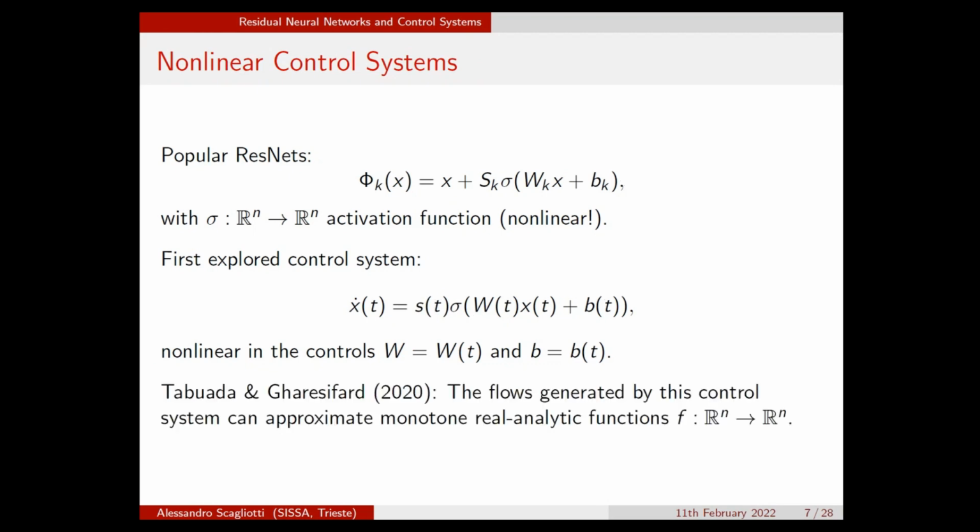So in 2020, Tabuada and Gharesifard proved that the flows generated by these kinds of dynamical systems can approximate monotone real analytic functions from Rn to Rn. So this is exactly one of those nice approximating results for diffeomorphisms that we are interested in.